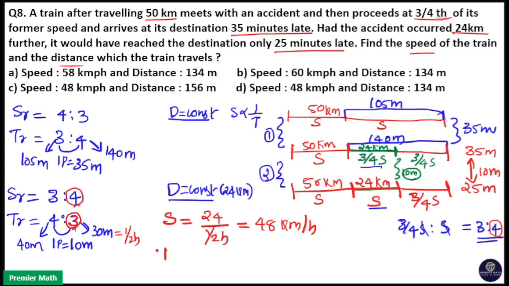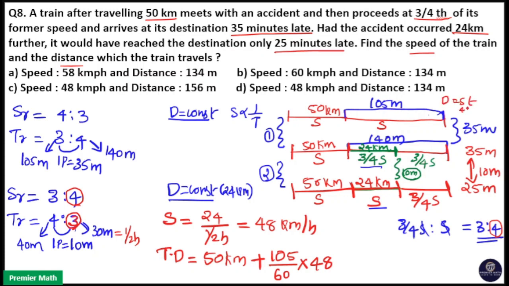That means the total distance is equal to, here I will take the first case, that is the initial 50 kilometer plus the remaining distance, which this train traveled in 105 minutes. So distance is equal to speed into time.